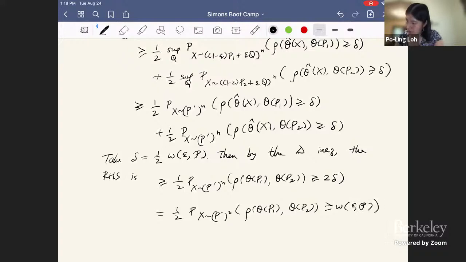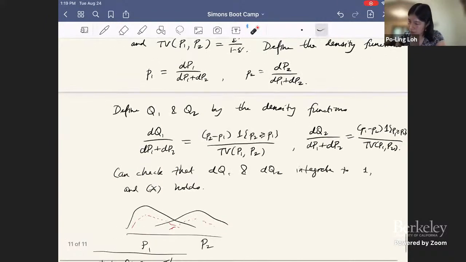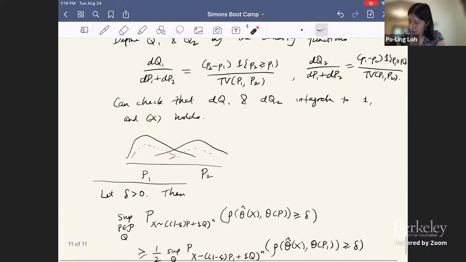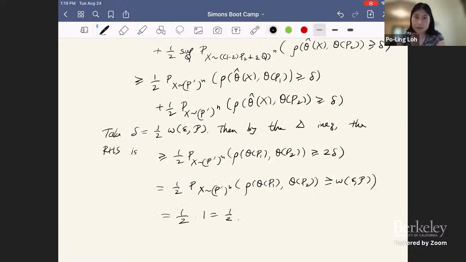This is by our choice of delta. And in fact, we chose P1 and P2 to be two distributions that achieved the modulus of continuity in the supremum. So we said, consider P1 and P2, which optimizes this definition. Therefore, this is equal to the modulus of continuity. So we see that there's no probability here, and this is always equal to 1/2 times 1, or 1/2.